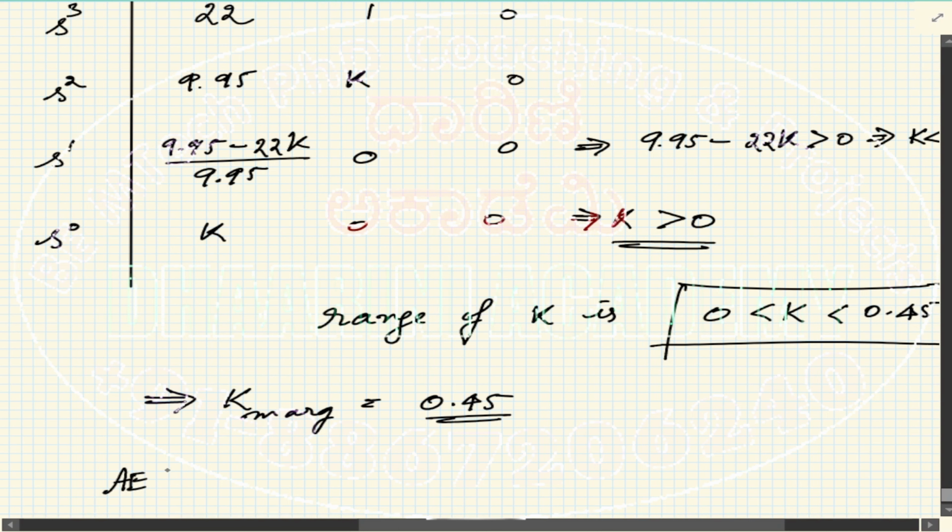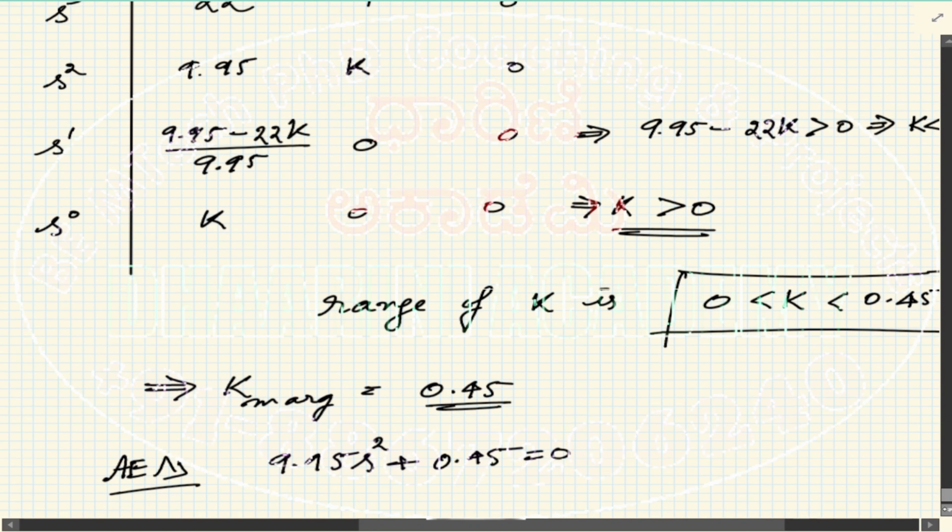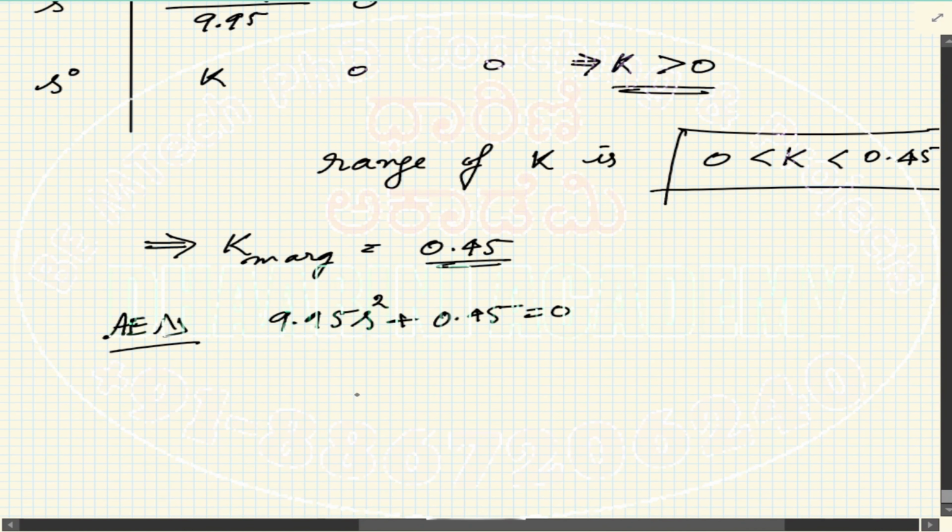So the auxiliary equation for the s square row: 9.95 into s square plus 0.45 is equal to 0. So s square is equal to minus 0.45 by 9.95.